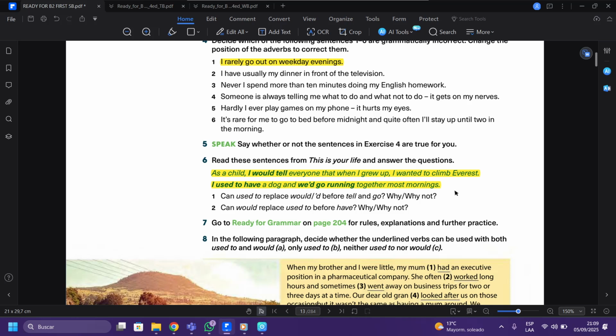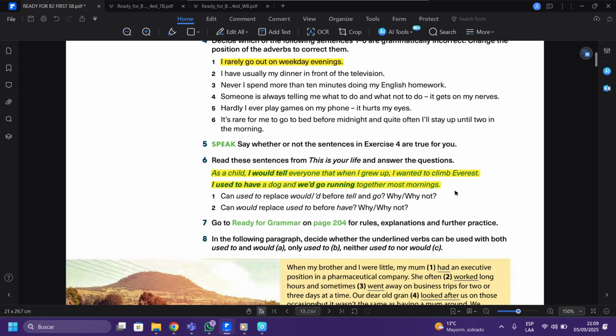It means that as a child, I would tell everyone that when I grew up, I wanted to climb Everest. Is it possible to replace would by used to? For example, as a child, I used to tell. Yes, it's possible to replace.